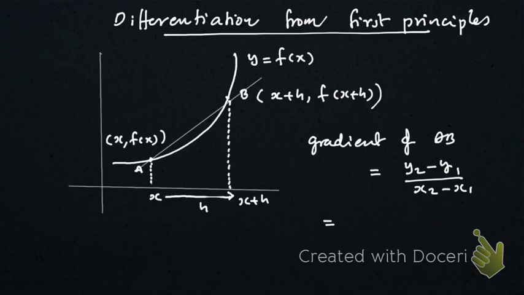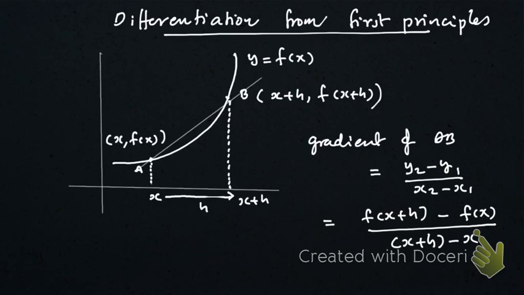So y2 minus y1, the y difference, f of x plus h minus f of x is the numerator, divided by the denominator, x2 minus x1, x plus h minus x. The x and x will cancel, that will give me h. So I get f of x plus h minus f of x over h. So that's the gradient of the chord AB.